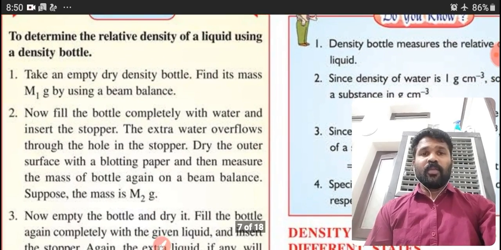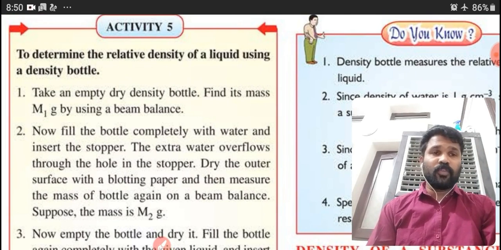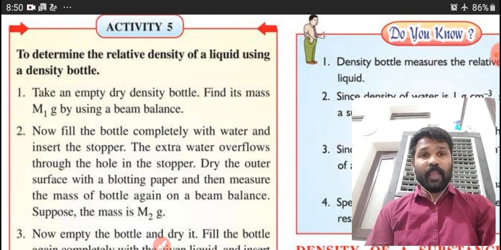First we have to take an empty dry density bottle. Find its mass m1 gram by using a beam balance.